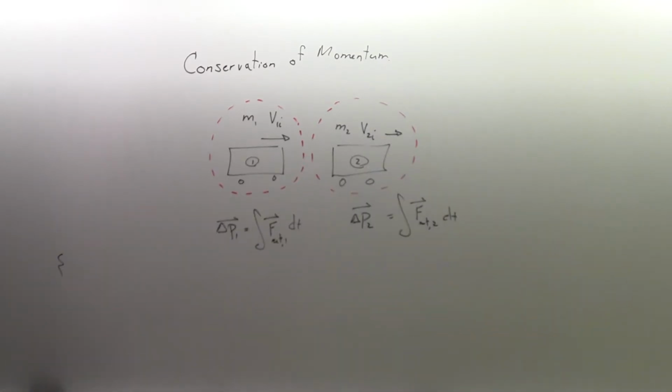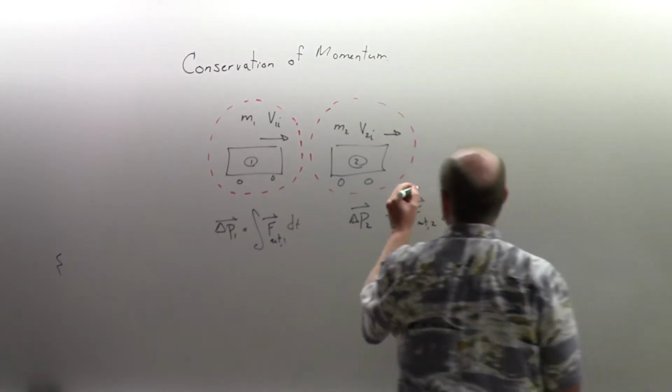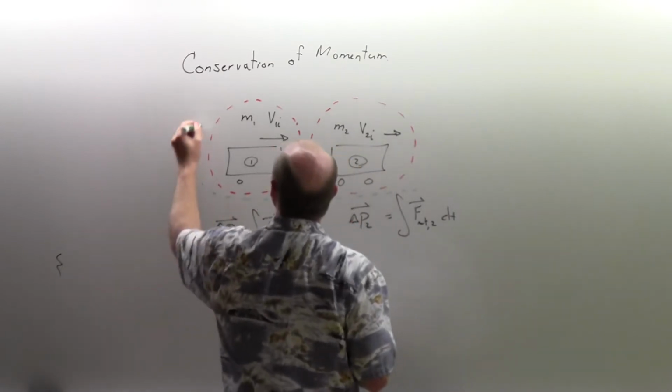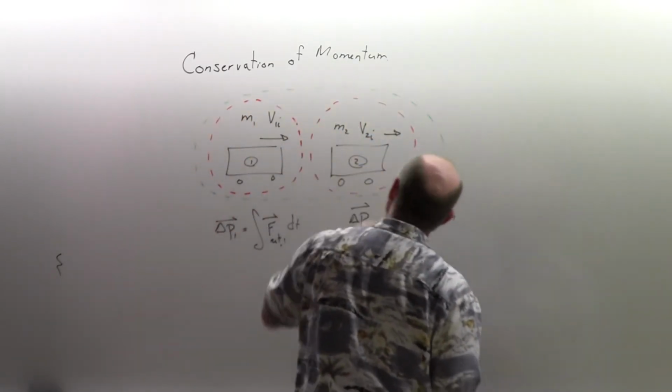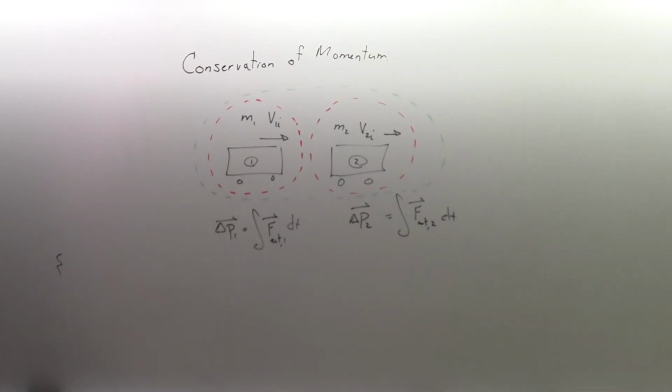But together, and this was the key, if I group these 2 together, the force on number 1 comes from number 2, and the force on number 2 comes from number 1.